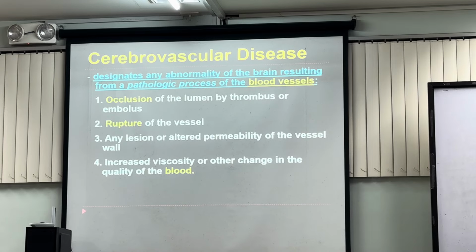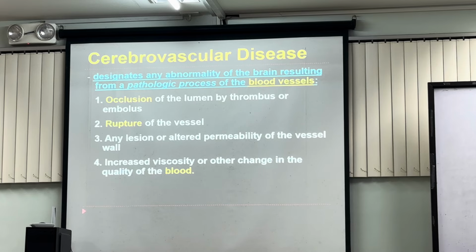Virchow's triad. One is endothelial damage. The other is stasis. When the flow is stagnant, the blood is prone to develop clot. And the other one is hypercoagulable, meaning components in the blood.